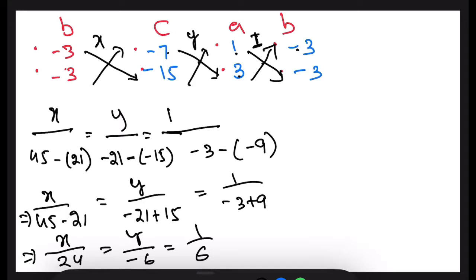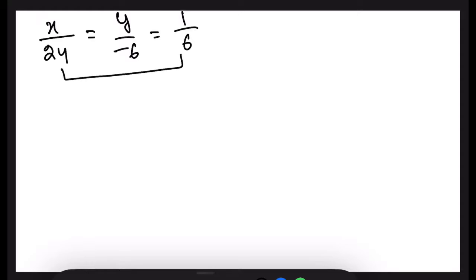Right. Now we shall take the x and y values. So x upon 24 equals y upon minus 6 equals 1 upon 6. By taking these two we can find the value of x. x upon 24 equals 1 upon 6.